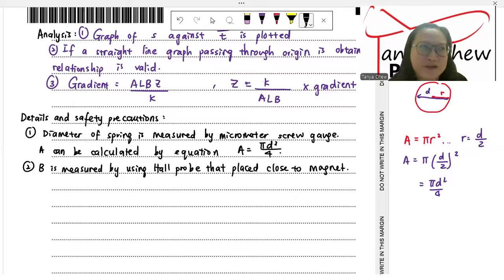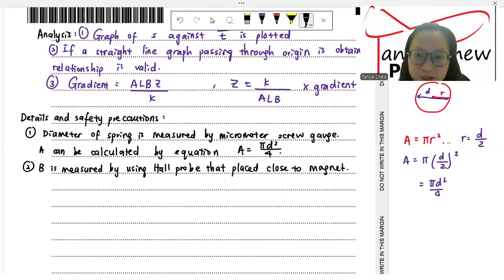And God knows that we can't see something that is invisible. Can you see the magnetic field? I don't think so. We cannot see the magnetic field. But how do we know that it is the maximum reading? So you need to test by trial and error, test here and there, right?